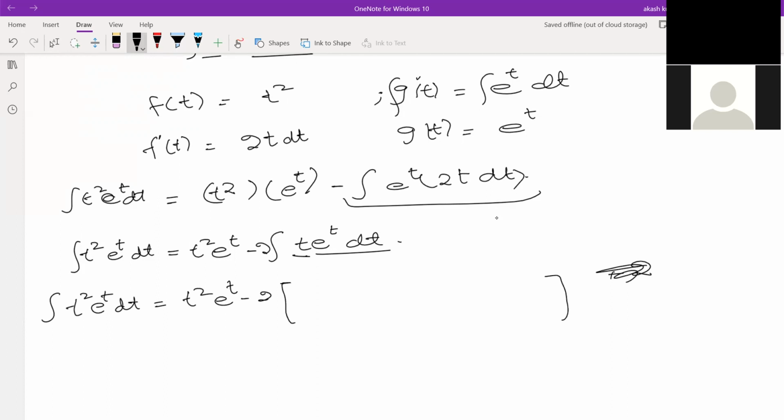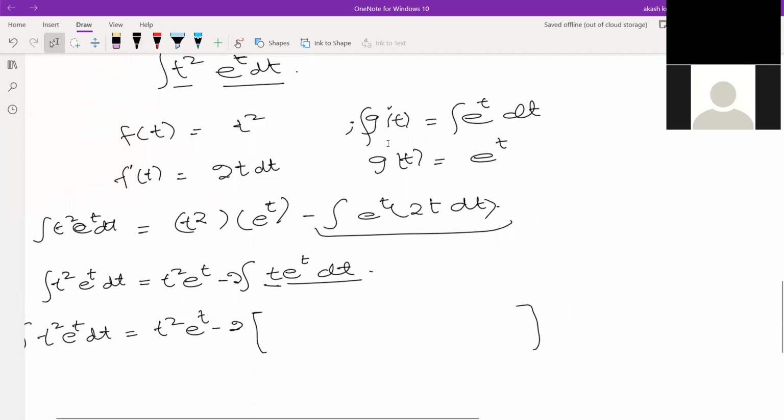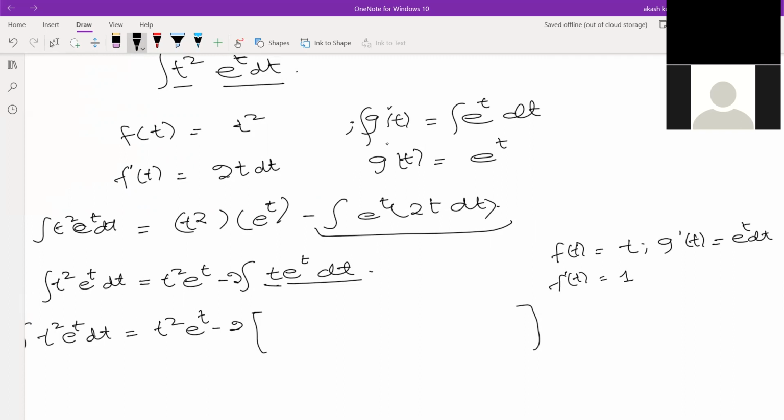Okay. And let me just erase it out. f of t will be t, because it is a reducible function, and g dash of t will be e raised to the power t dt. f dash of t will again be, can you repeat?